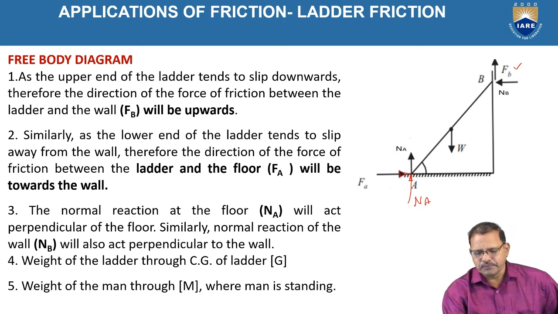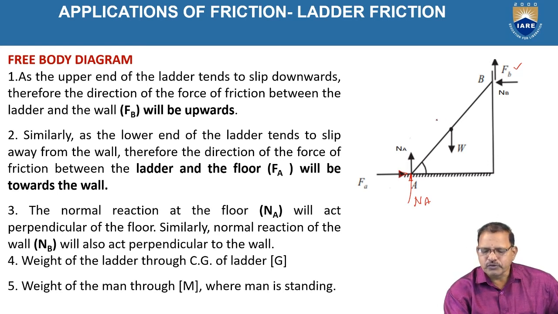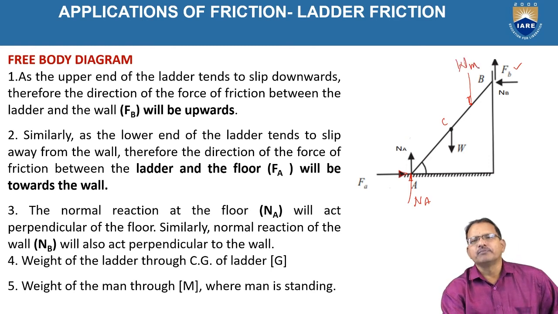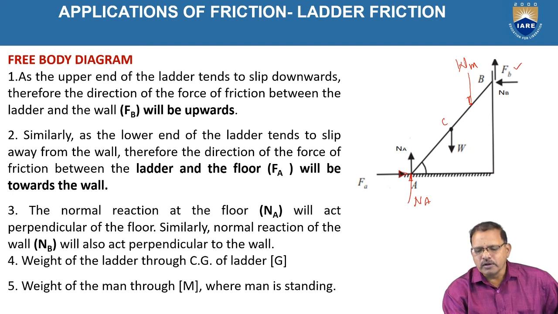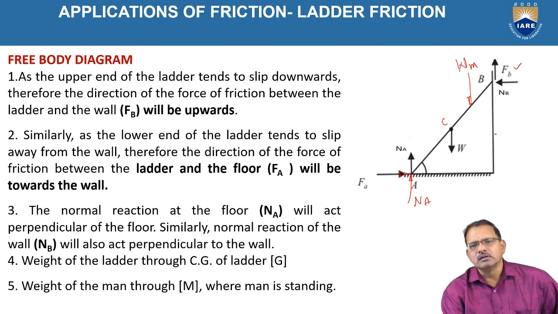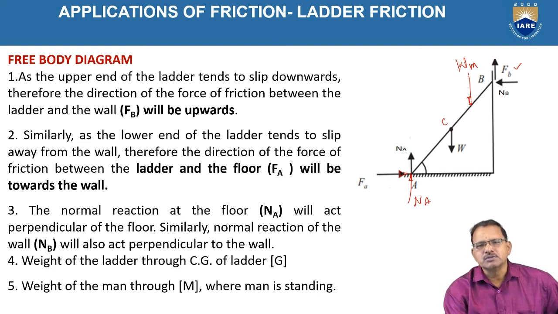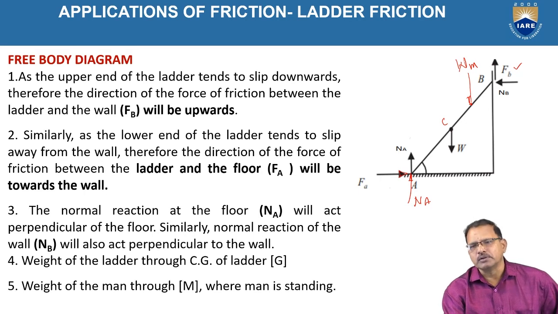The weight of the ladder is acting at the center of gravity, the point C. Assume this represents the weight of the person, WM. When he is moving along the ladder, there is a point at which it tends to slide downward, that means about to slide. It is the equilibrium position.